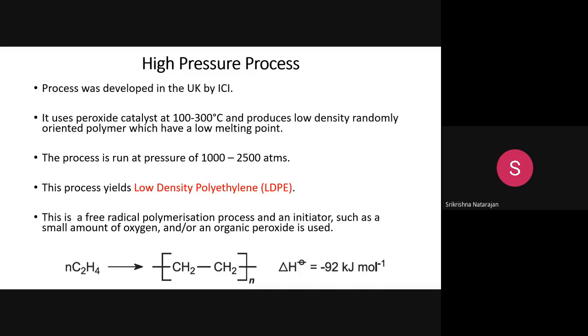It is like a free radical polymerization process, and you need a catalyst. Here the catalyst used is peroxide, hydrogen peroxide. You need hydrogen peroxide along with the monomer.